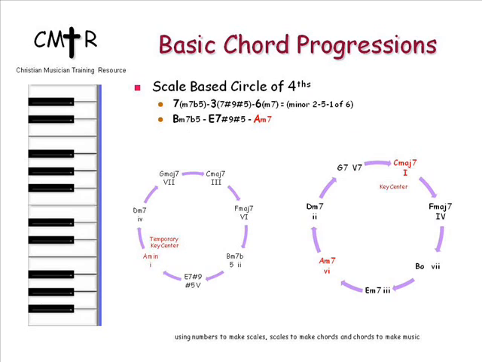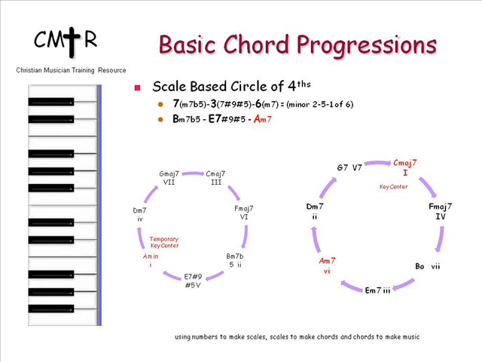This example is a scale-based circle of fourths progression, meaning that the chords are arranged in fourths based on the scale, not on the key signature, which is what a typical scale of fourths and fifths is based on.